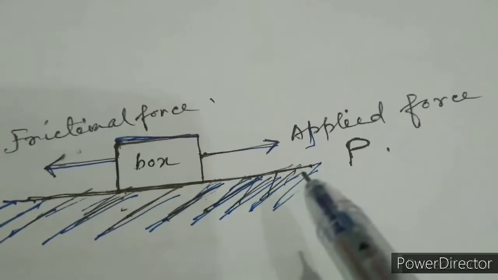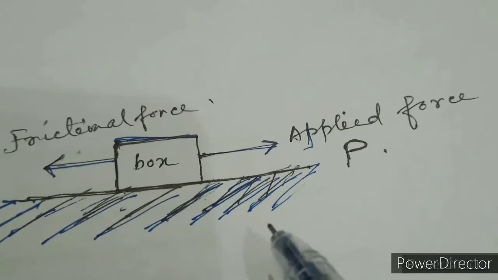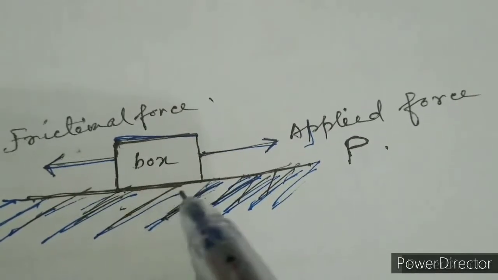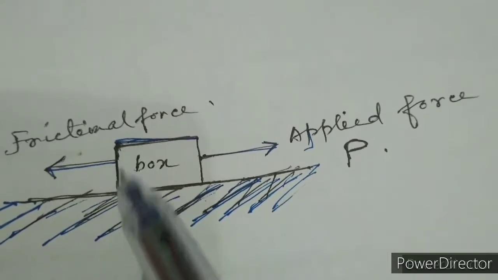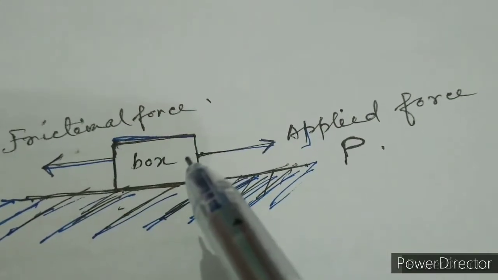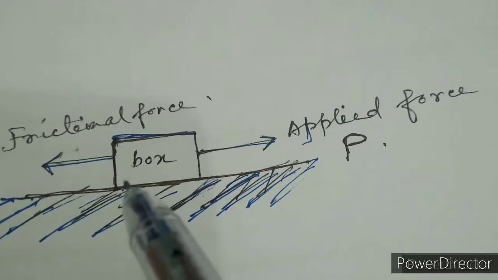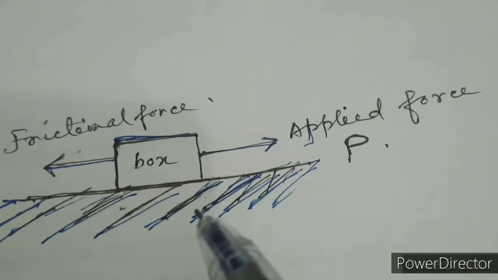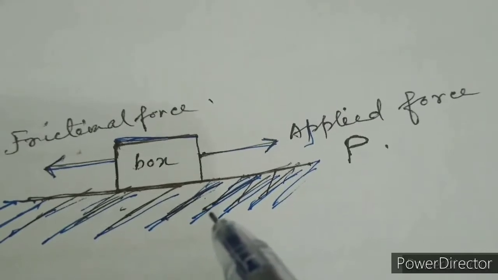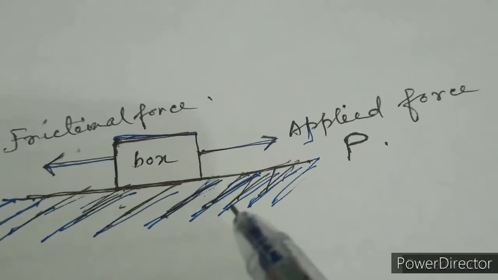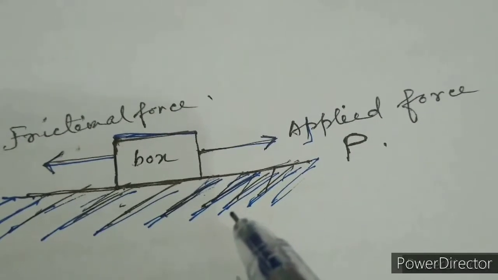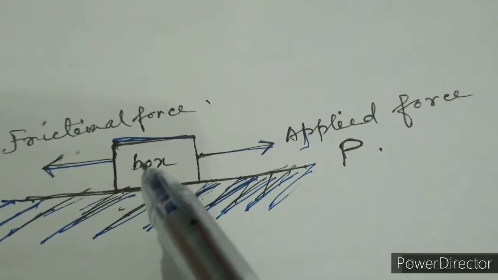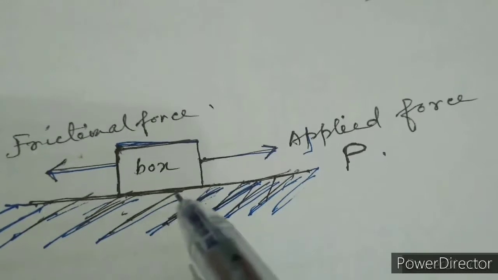So static friction and limiting friction are clear. Now the rolling friction or the sliding friction. Rolling friction we cannot see in this type of box. For rolling friction we have to take another body which can roll, like a cylinder, ball, etc.